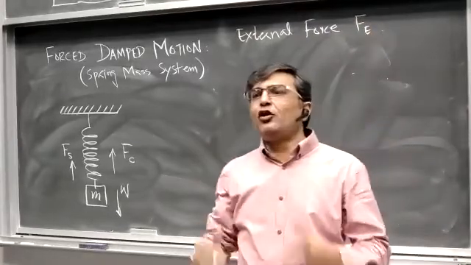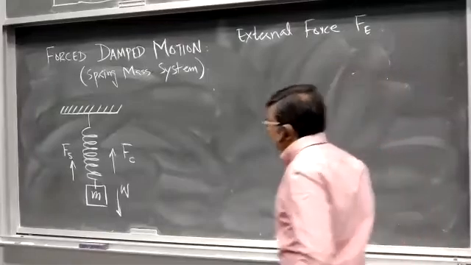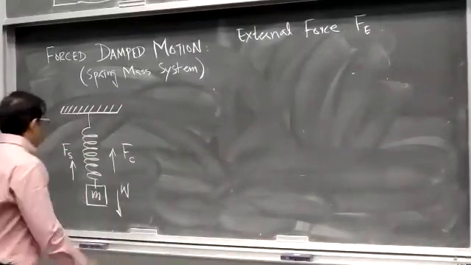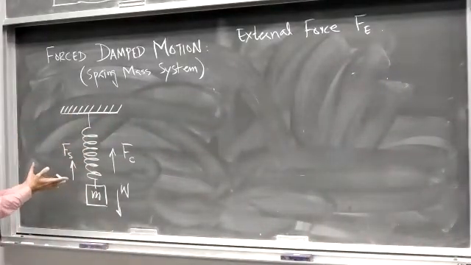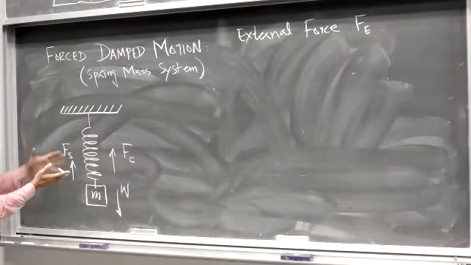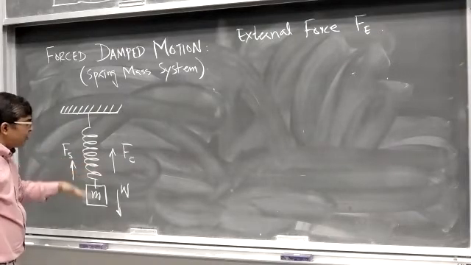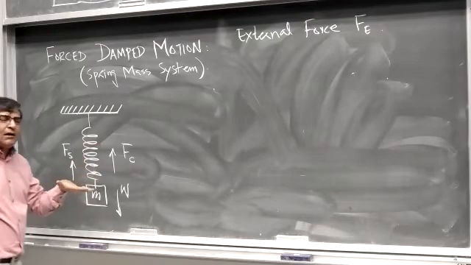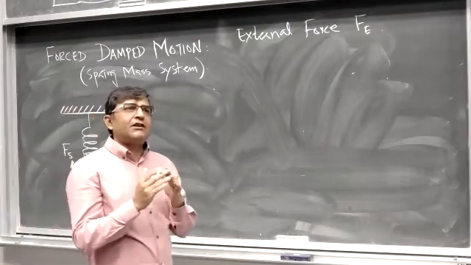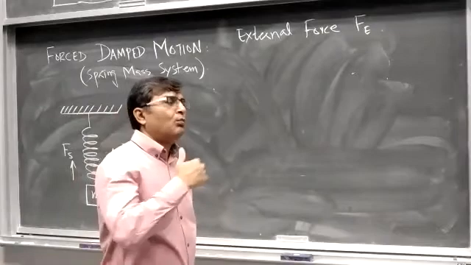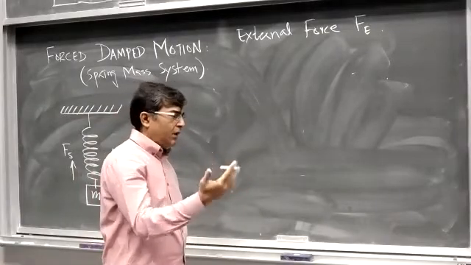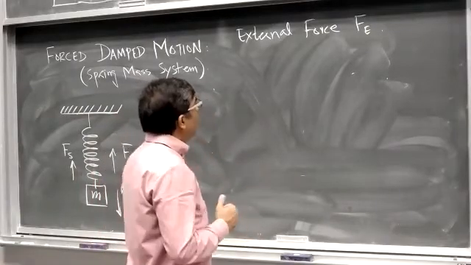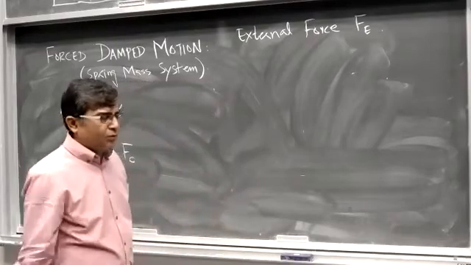An external force is applied on this whole system to increase the motion of this mass, which helps this mass to move in a to and fro motion, or you can say simple harmonic motion.